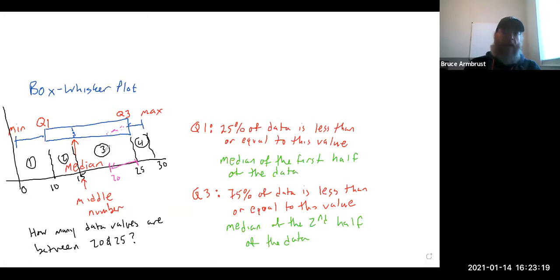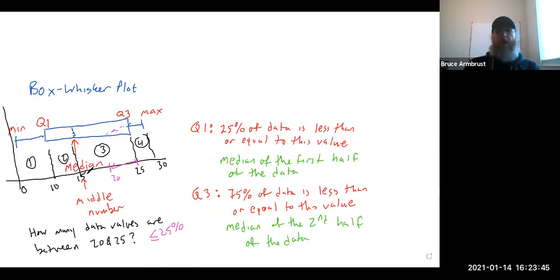So I know that any interval that's within this is going to be less than 25%. I'll even put less than or equal, because it's possible that there are no data values between 15 and 20. Right? It's definitely possible. But I know for sure it's going to be less than or equal to 25%.